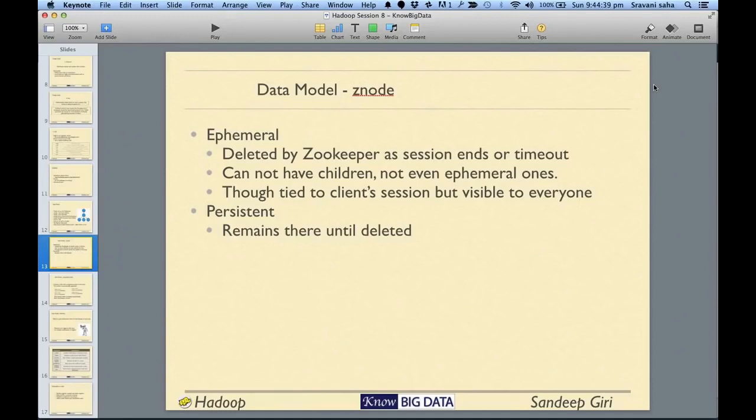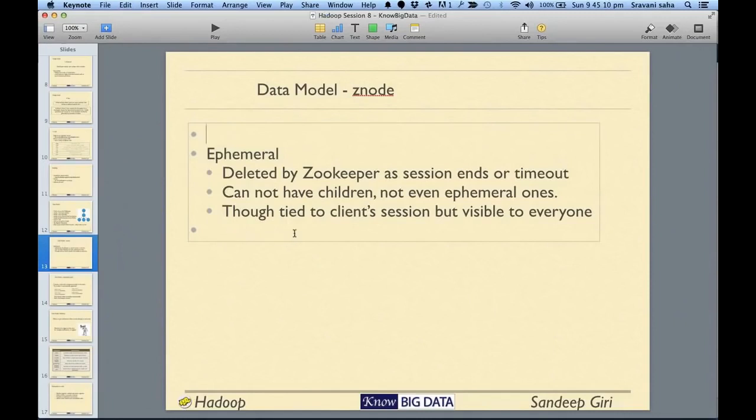Now, the Z node. We talked about the basic infrastructure called Z node, and Z nodes, or zookeeper nodes, are of many types. By default, when we say nothing about the type, it creates a persistent node. Even if we exit or stop the zookeeper client, these nodes will exist forever. That is persistent. There is another kind of node called an ephemeral node.